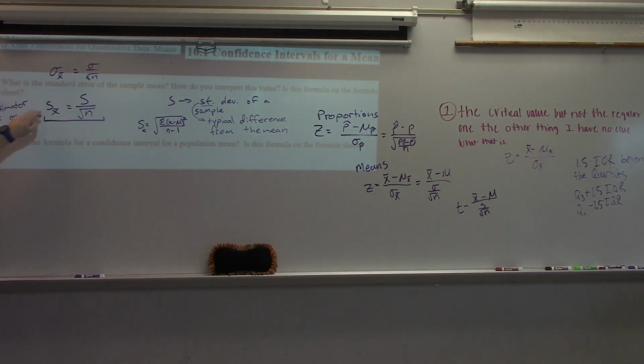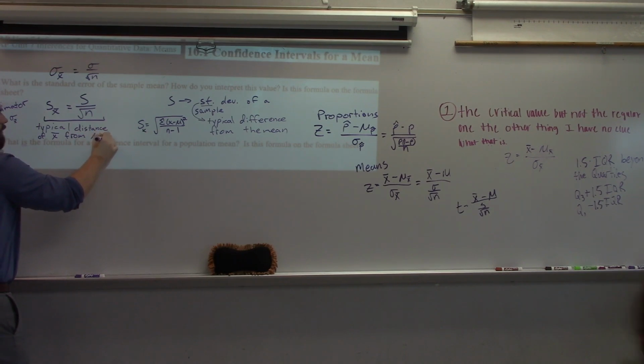So when I say S sub x bar, this is a typical distance of what? Of x bar from mu. It's a typical distance of the values from the mean, right?